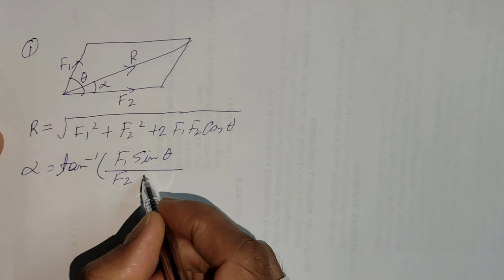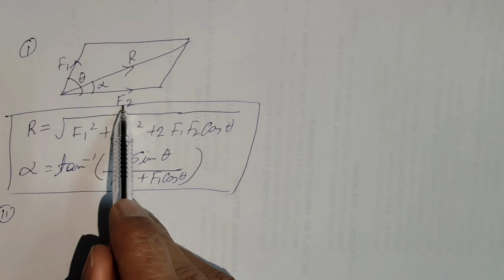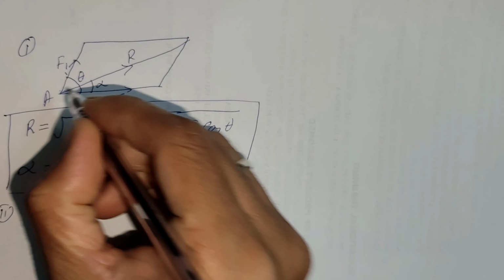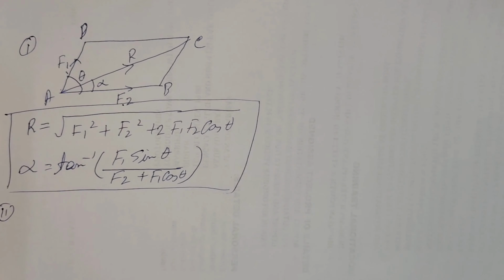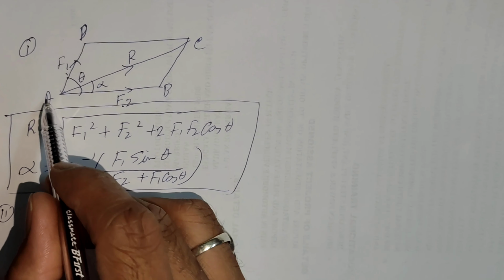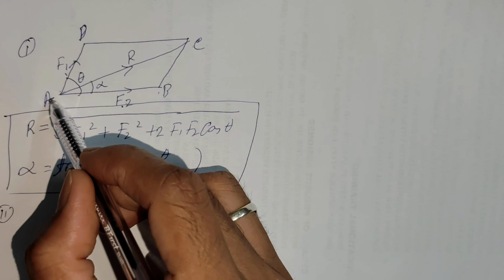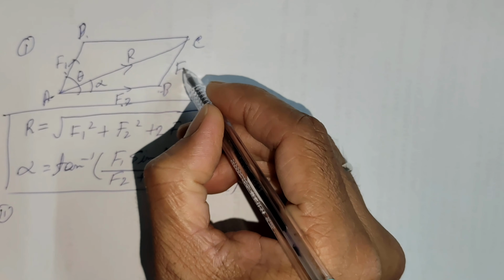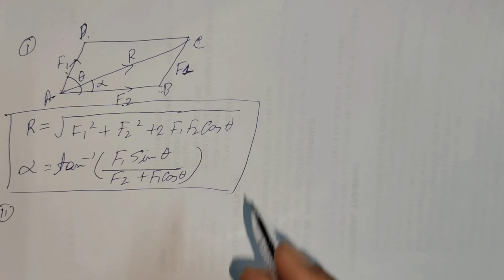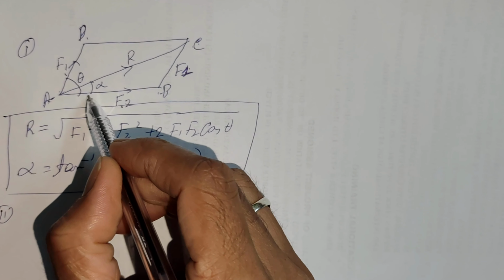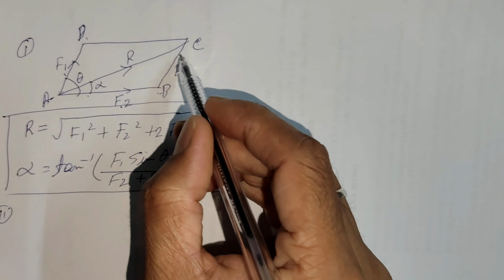And if you think about the triangle law of addition, suppose this is F1, F2, and from the figure suppose this is A, B, C, D. From the figure, if you think about the triangle ABC, this is F1, this is AD. From the parallelogram law we know that AD equals BC, so that is also F1. In the triangle law, each force is divided by the sine of the opposite angle.